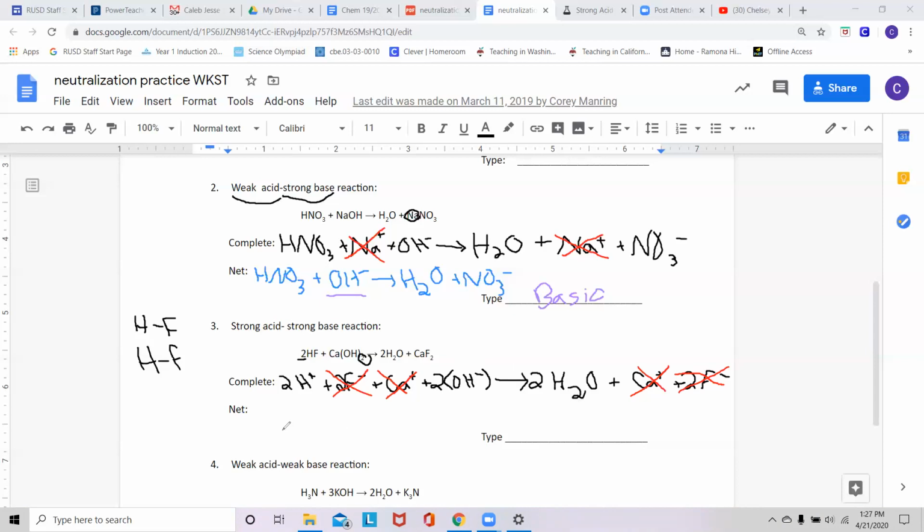Now we go ahead and we rewrite our net ionic with everything that is left, so we are left with 2H plus and 2 OH minus. And that is going to go ahead and yield 2 waters.